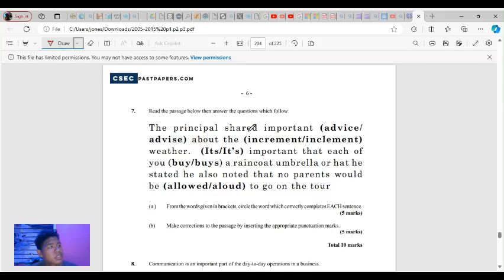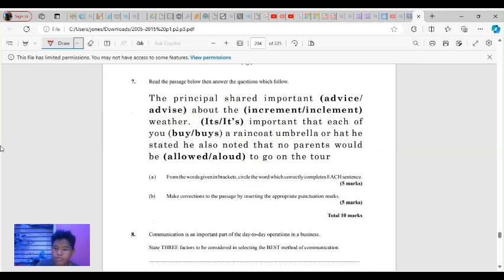Read number 7. It says read the passage below, then answer the question which follow. The principal shared important advice about the inclement weather. It's important that each of you buys a raincoat, umbrella, or hat. He also noted that no parents would be allowed to go to the pool.